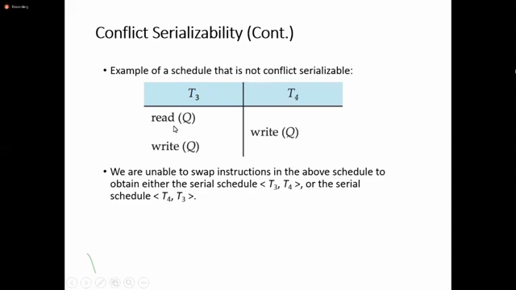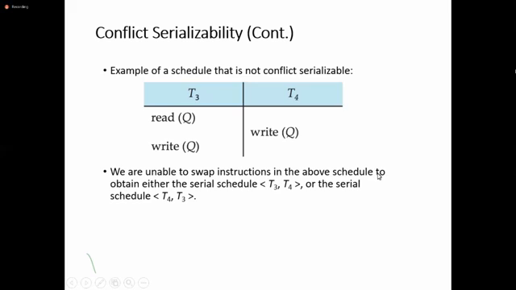We can't move write Q because there is a change happening for Q in transaction 4. In T4 they are going to change some value, deduct or add or something, we don't know, but the transaction is going to write.